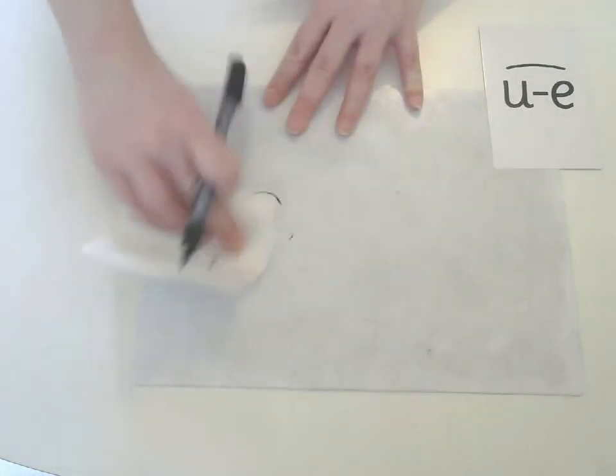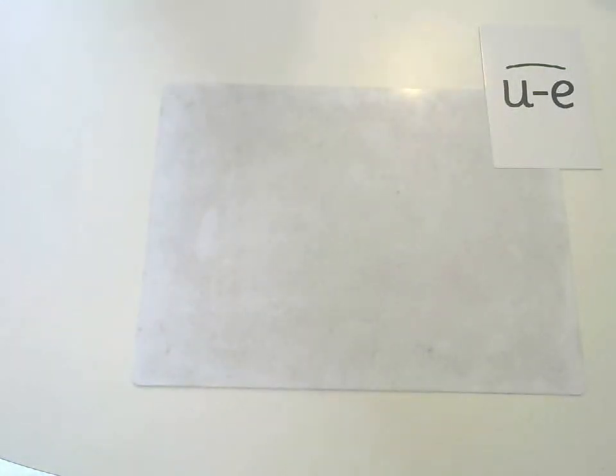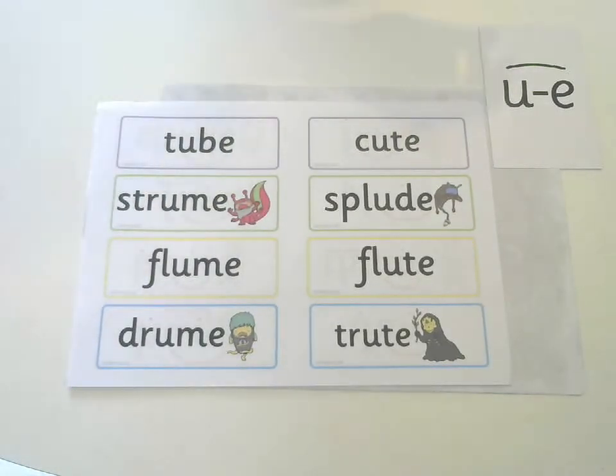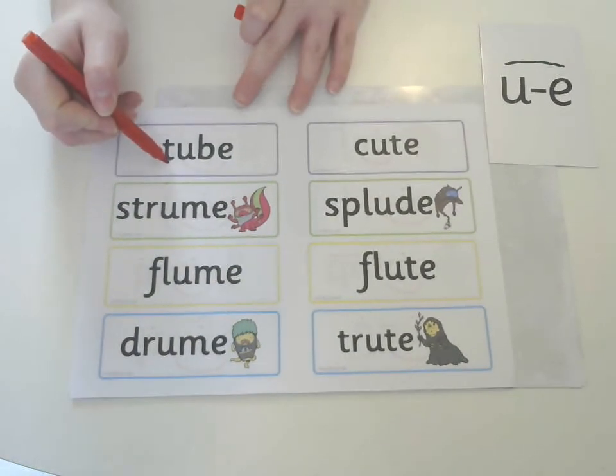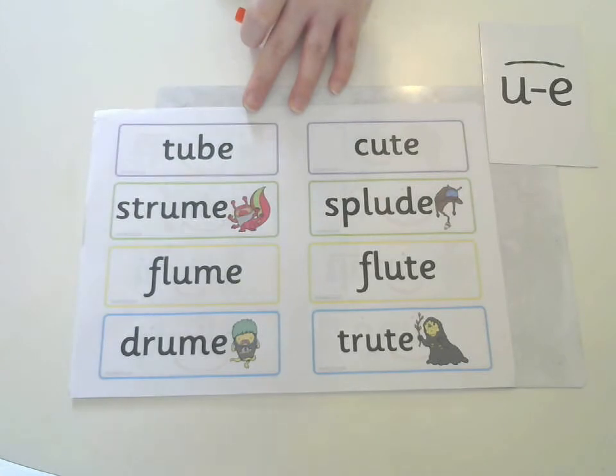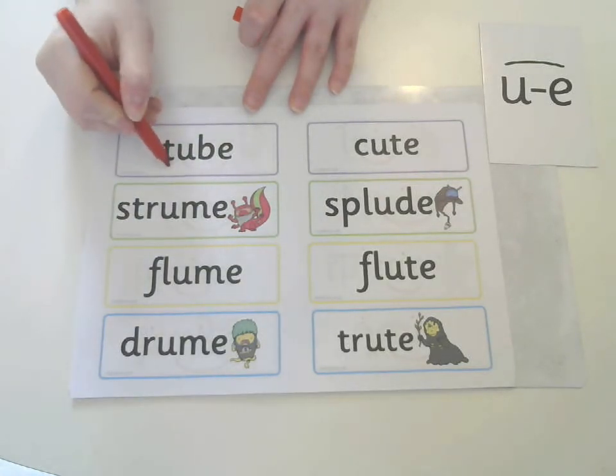Okay, let's have a go at reading some words now then. So like with the other split digraphs, what I have done is save the first page to do the sound buttons on together. Okay, so starting off over here, looking for that split digraph to stretch that sound.